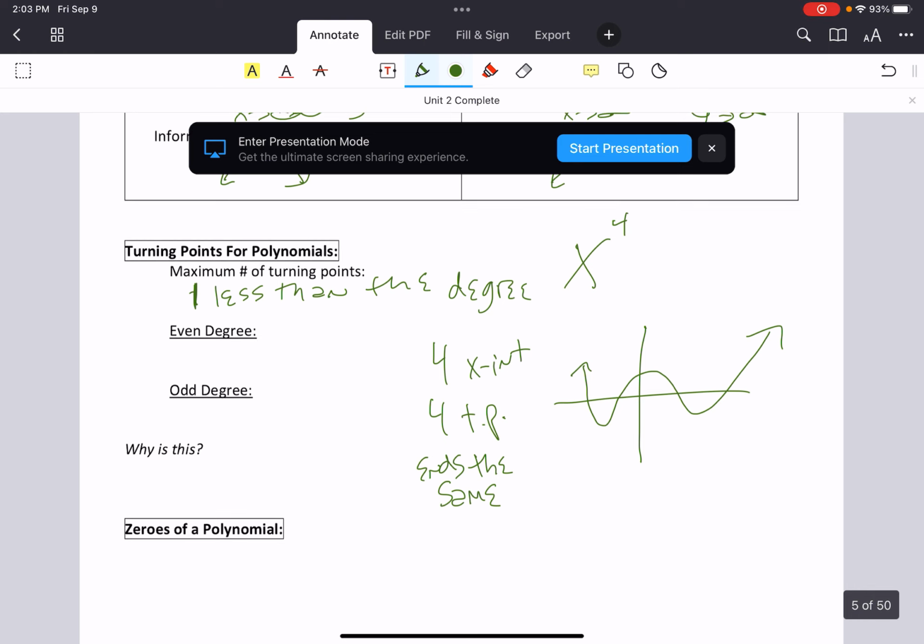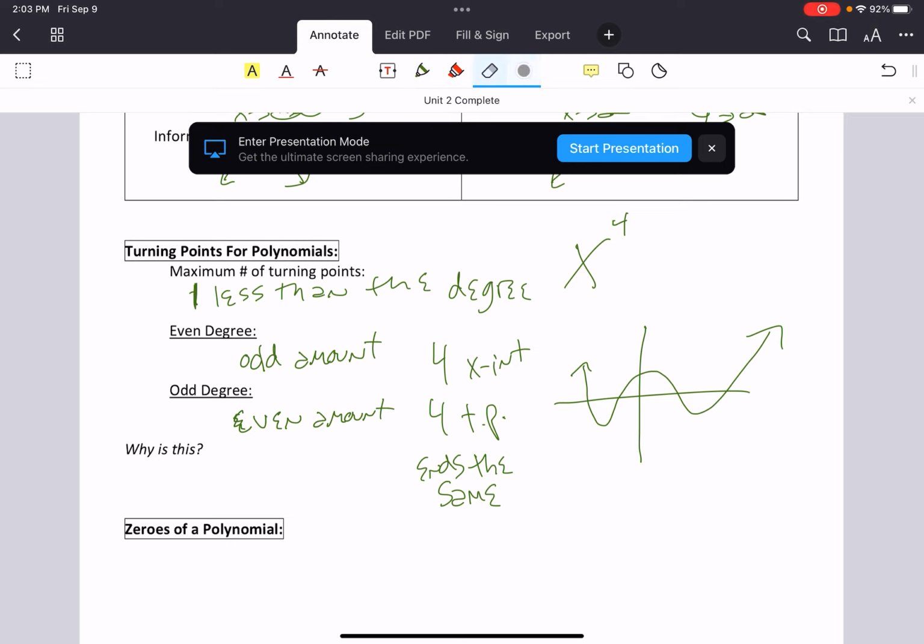And for even degrees, we'll always have an odd amount, and odd degrees will always have an even amount. So a 6th degree could have 1 turning point, 3 turning points, or 5 turning points. A 5th degree could have 2, none, or 4.